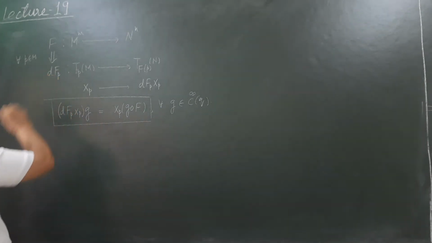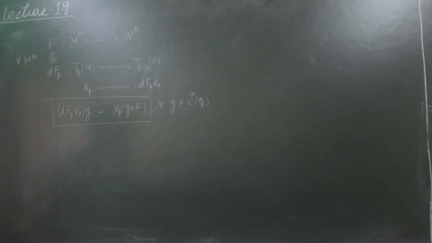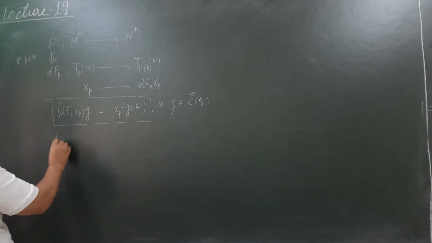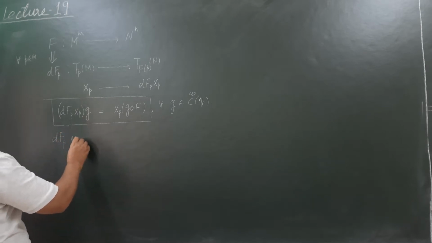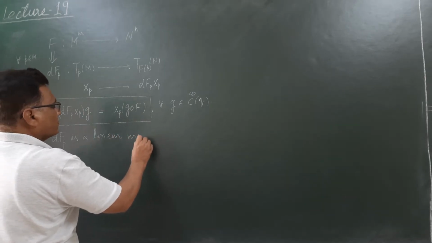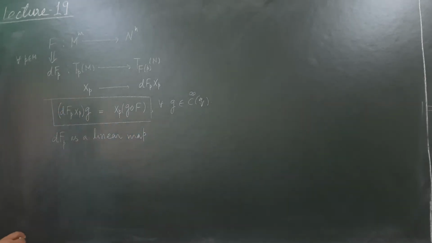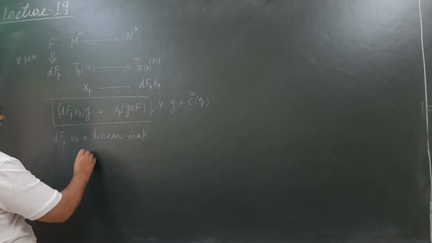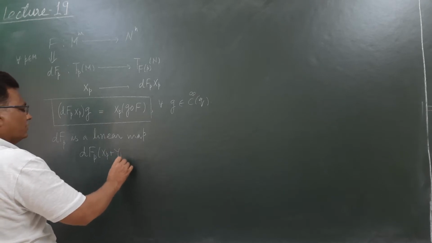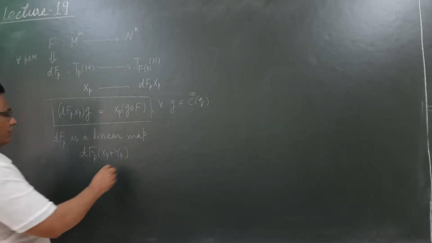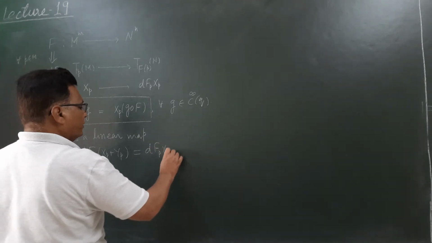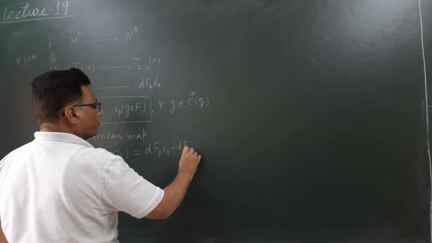We are saying that this is linear, but we must check it out. So, this I left yesterday as an exercise: to check that DF_P is a linear map. In order to show that DF_P is linear, what do we have to do? We have to consider the sum of two tangent vectors, operate DF_P on them, and see whether it is equal to DF_P X_P plus DF_P Y_P.